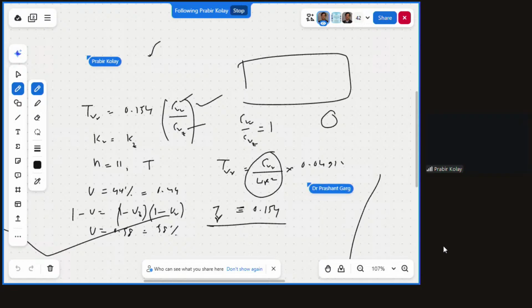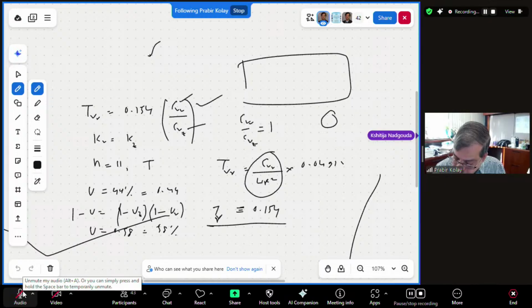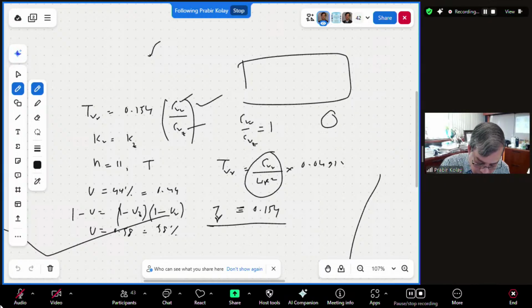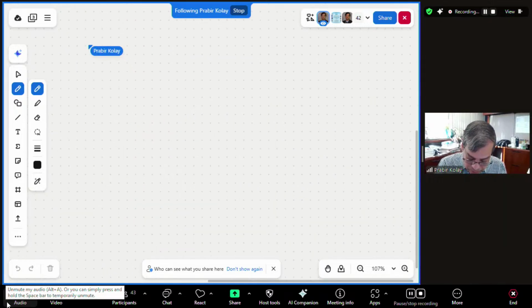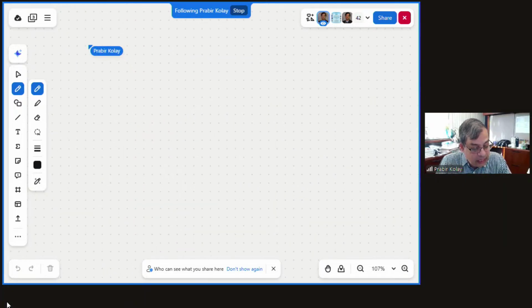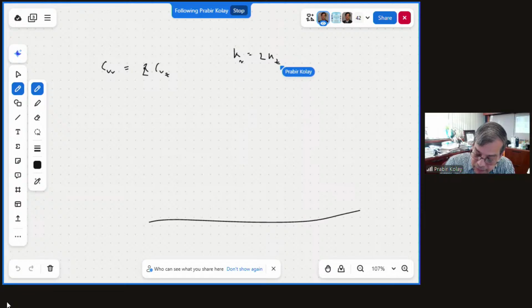Anyway, the second part of this problem is the radial permeability. In that situation, CVR is equal to 2 times CV in the vertical direction. So KR is given as 2 times KZ, that is in the vertical direction.